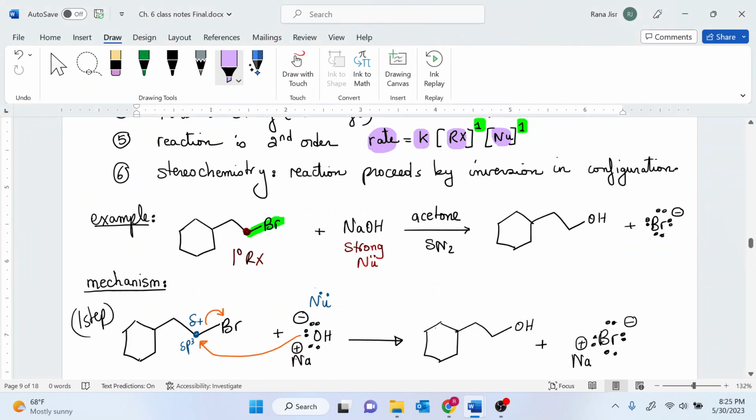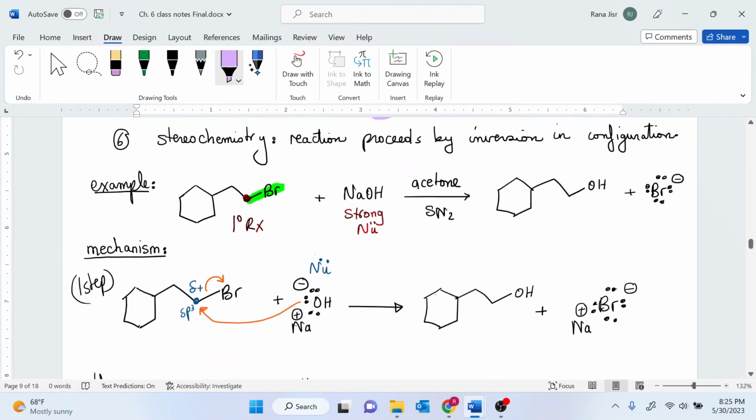With respect to the stereochemistry of the reaction, it will proceed by inversion in configuration. Let's first consider the mechanism of the reaction and then explain the stereochemistry part. So we start with the primary alkyl halide or a secondary alkyl halide for SN2. We use a strong nucleophile and we use a polar aprotic solvent.